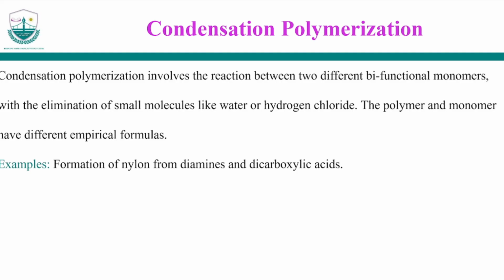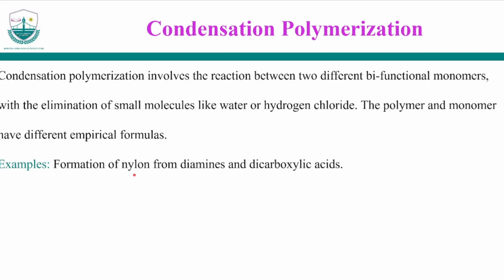In condensation polymerization, we are saying that smaller molecules are given out, and it can be ammonia, it can be water, it can be hydrogen chloride. So, because you're combining different monomers, the monomers are not the same. You cannot have the polymer having the same empirical formulas like the monomers. It is not possible.